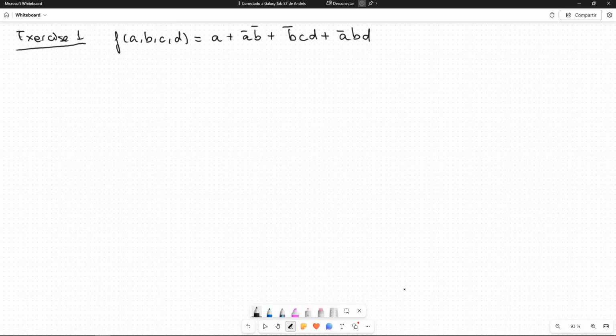And this means that we have to obtain a shorter form of the function using as few operands and as few operations as possible. Now you are going to apply here the axioms and theorems of Boolean algebra. And I'm asking you to pause the video and to try it.